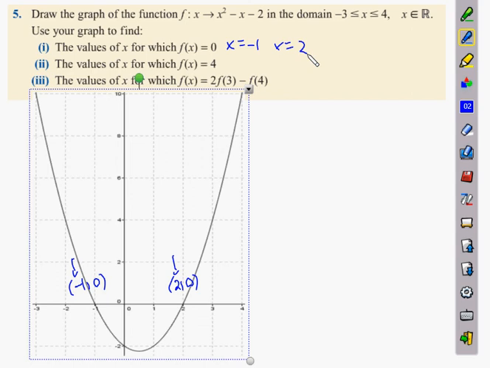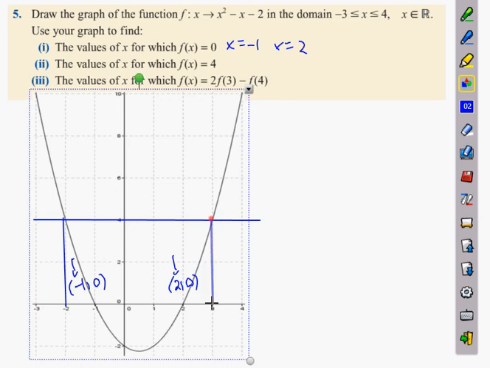Now, find two values for which the output is 4. When the output is 4, how would you do that? On which axis? The x or the y axis? Y axis, okay? And then what do you do now? You want the output of 4, so you draw across. And what are your 2 points?